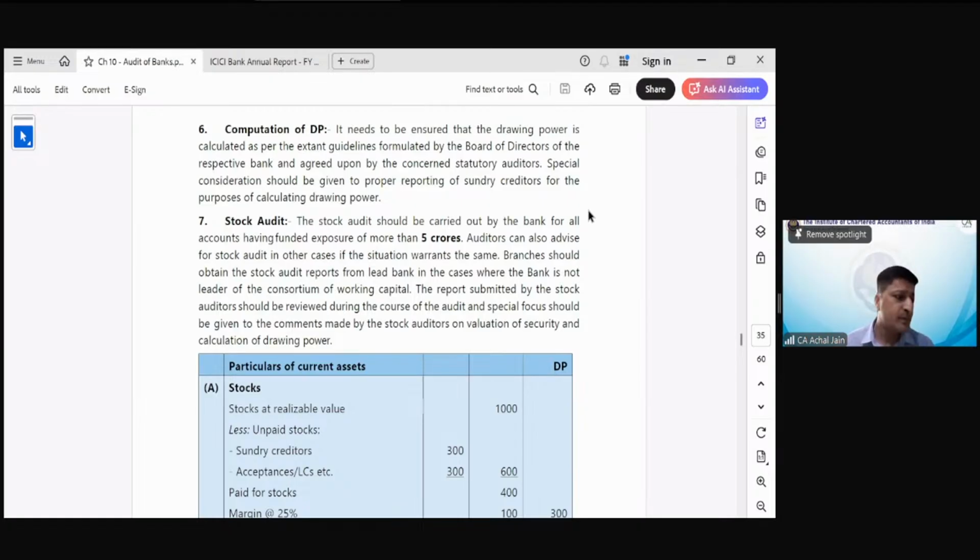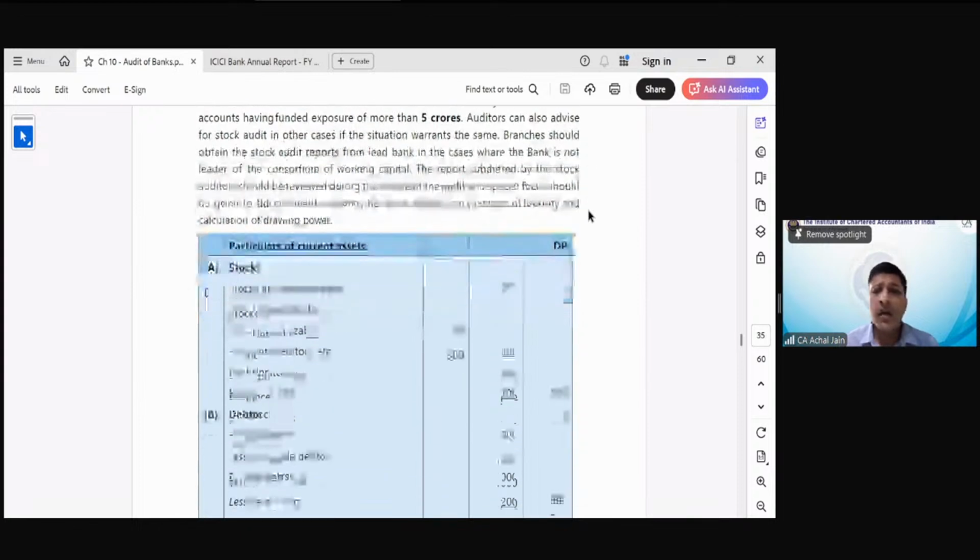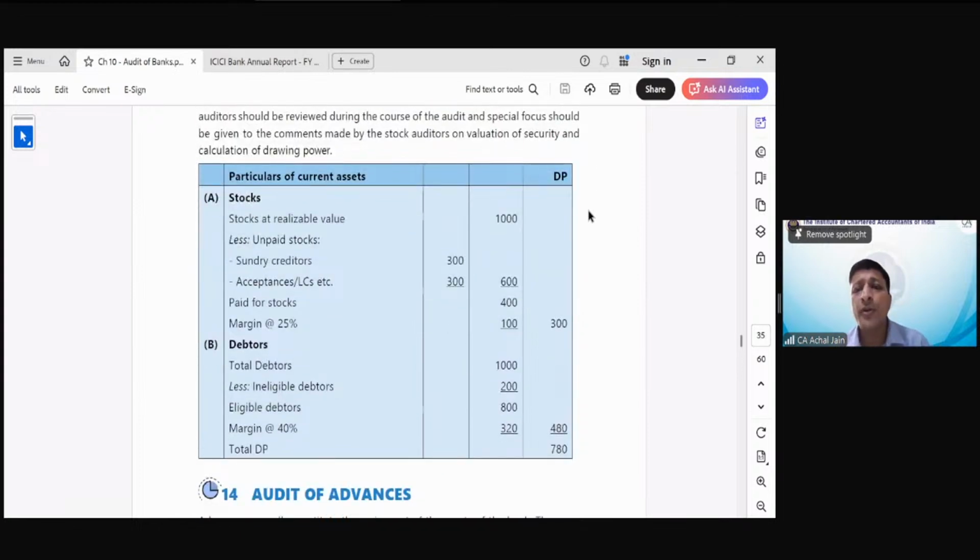So now, let's first of all understand how this drawing power is required to be calculated. First of all, what do you have? Stocks. So we pick up the stocks. From these, if there are any unpaid stocks, you will deduct them. What do you mean by unpaid stocks? Sundry creditors, letter of credit acceptances.